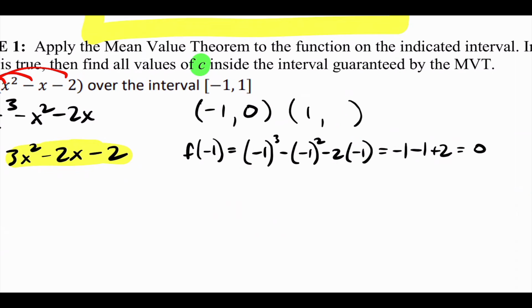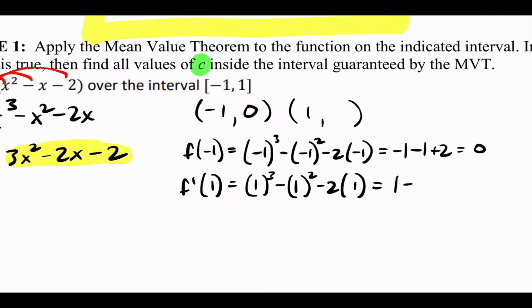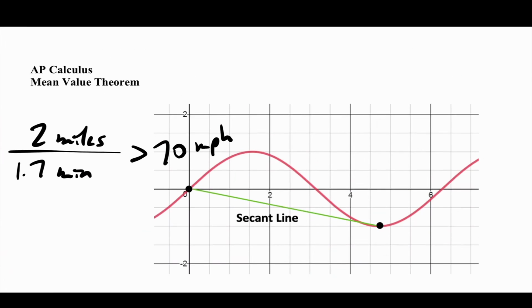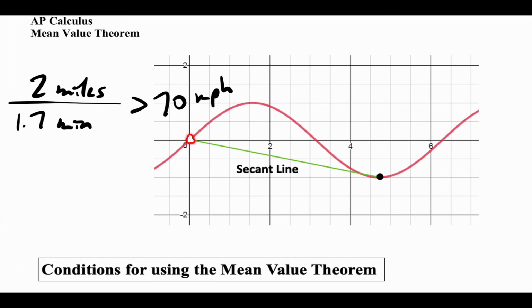So I get negative 1, 0. And then I get 1, negative 2. Those are my 2 points, right? So what I just found was this guy right here, from here to here. I just found where is the first point, where is the second point. Now I'm going to find the slope.